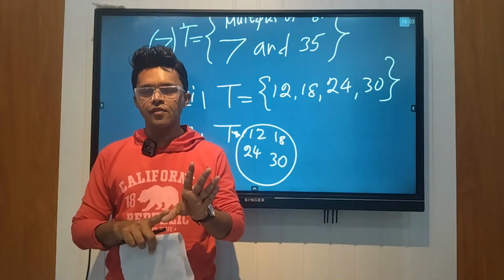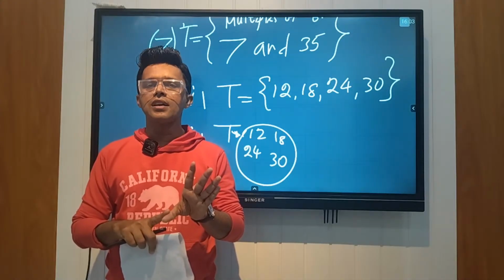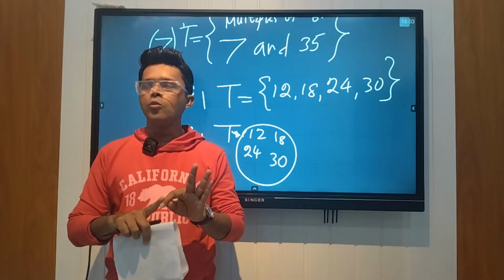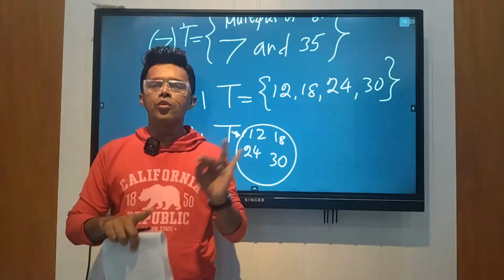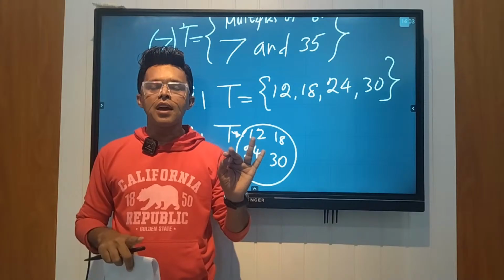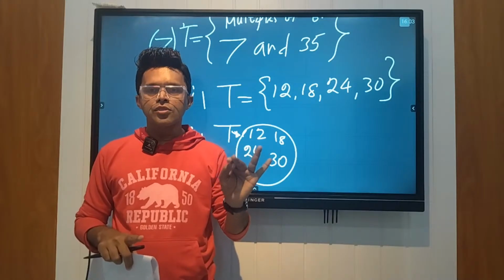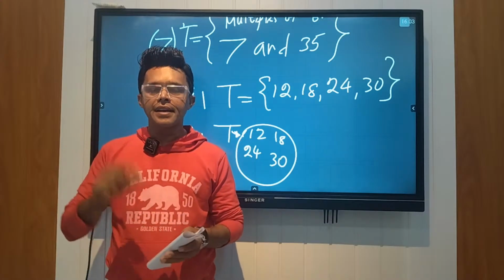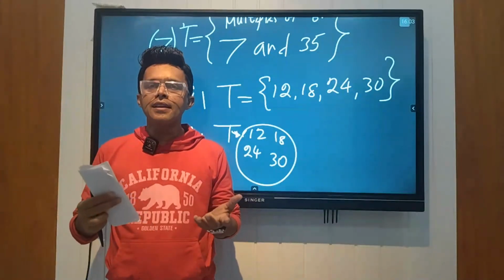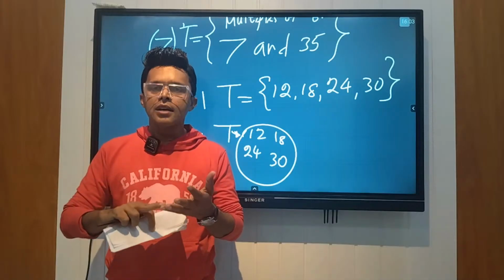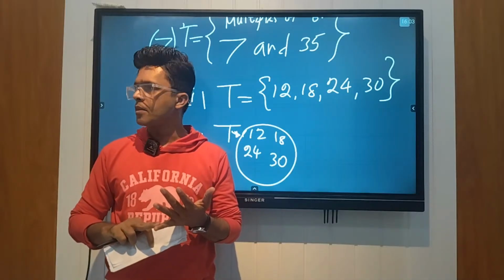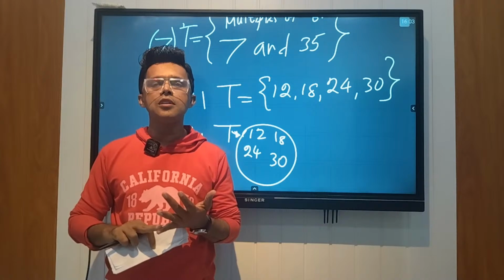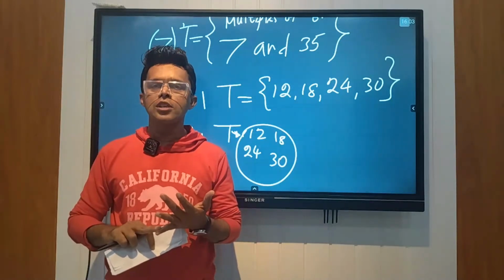Examples: days of the week, birds, vegetables, fruits. Those things can be identified as sets. Generally, sets are written using capital letters of the English alphabet, and curly brackets are used to write sets.